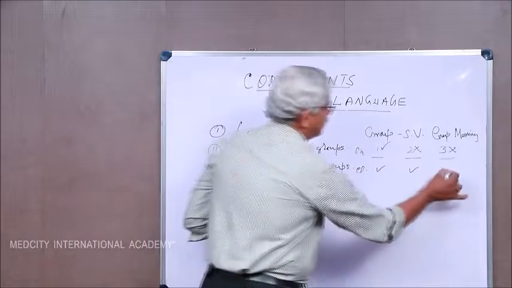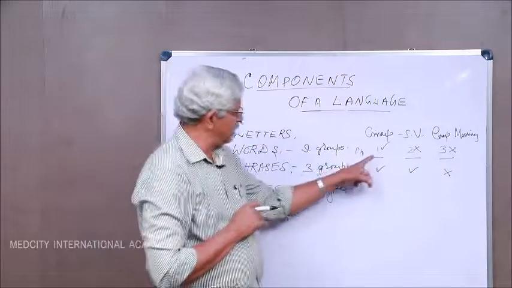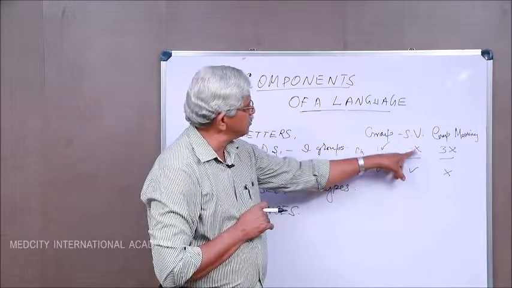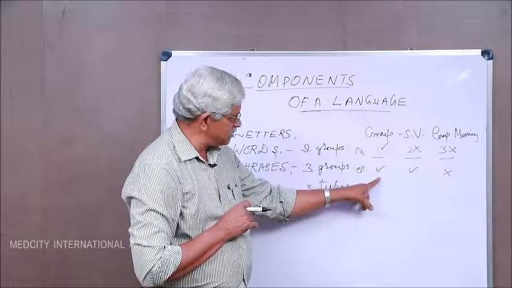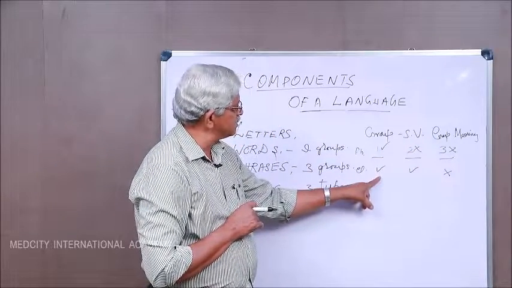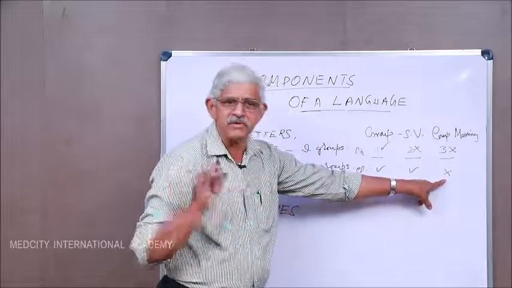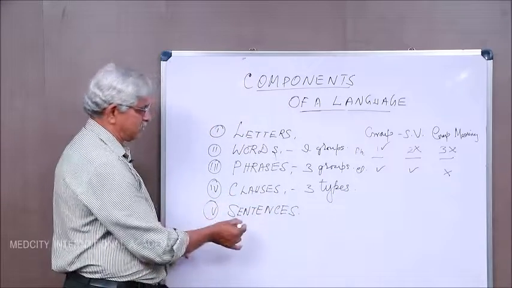No. See the progression. In a phrase, there is a group of words, there is no subject and verb, it does not give complete meaning. In a clause, it is also a group of words, there is a subject and verb, and it does not give complete meaning.